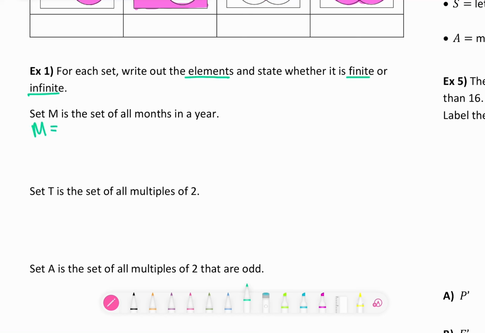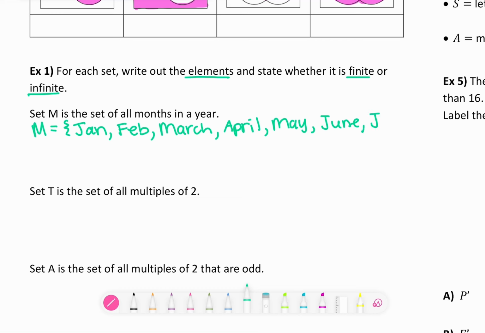So M equals, and use your curly brackets, I'm going to do shorthand: January, February, March, April, May, June, July, August, September, October, November, and December.